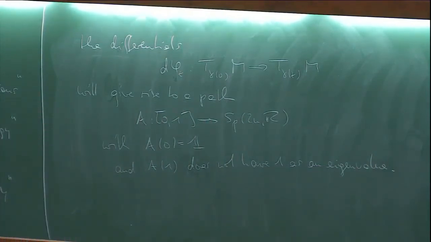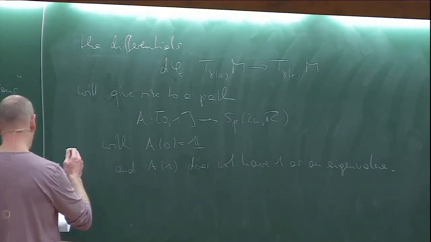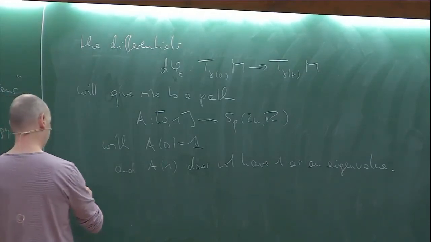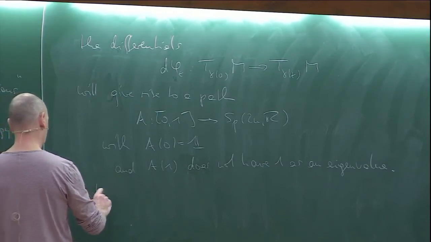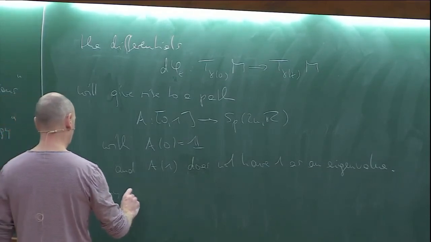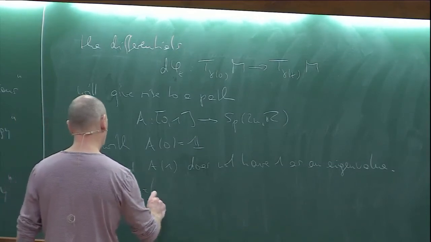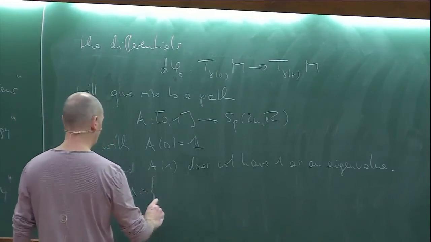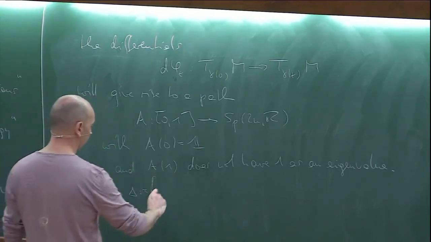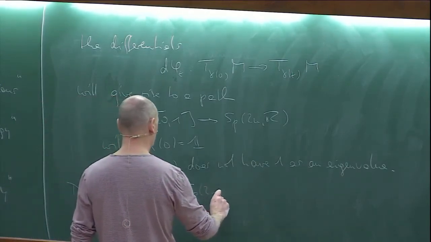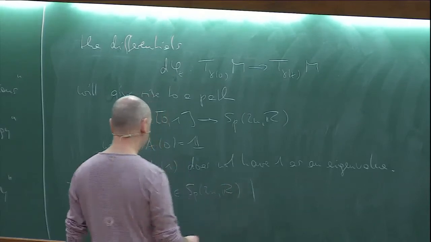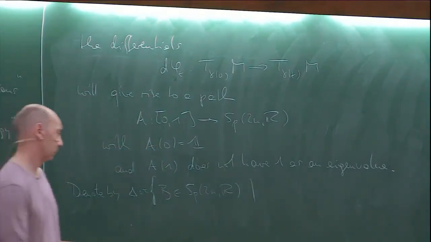Okay? And now it turns out that, let's denote by delta all the matrices which do have 1 as an eigenvalue.